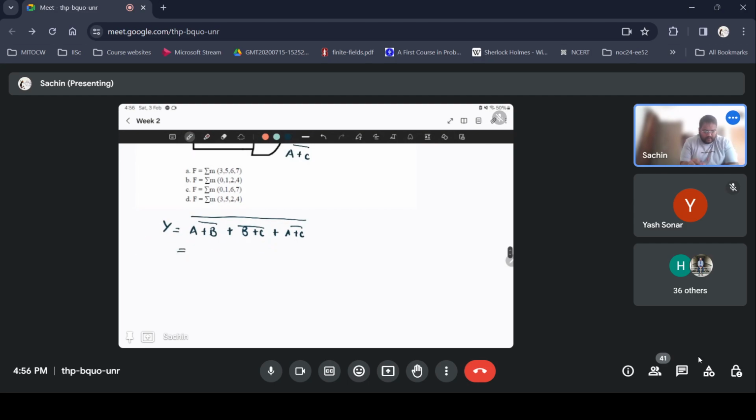So you can simplify and write this using De Morgan's law. It will become (A plus B) into (B plus C) into (A plus C).